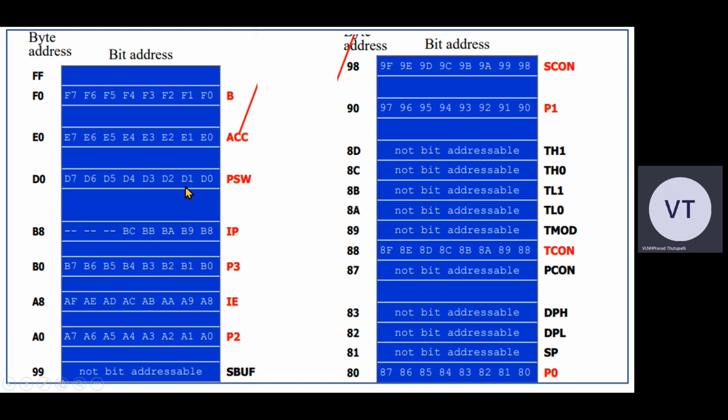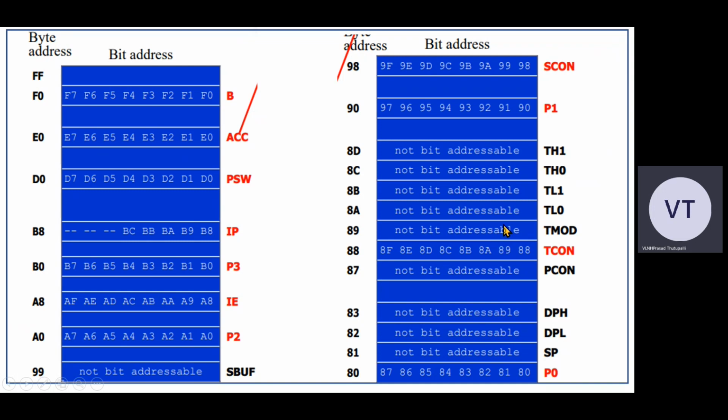D1 means PSW.1, D2 means PSW.2, D3 means PSW.3, D4 means PSW.4. Like that for B and the accumulator: 0E0, 0E1, 0E2, 0E3, 0E4, 0E5, 0E6, 0E7. So these are the bit addresses.